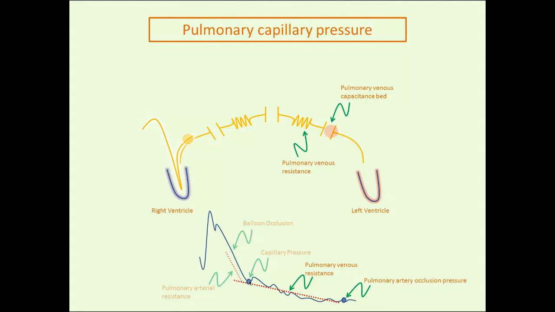So this change between your pulmonary capillary pressure and your wedge pressure, with 1/3 of your total pulmonary vascular resistance being due to venous resistance, they can be close, but they're going to be different, and the difference is going to be a function of your pulmonary venous resistance.